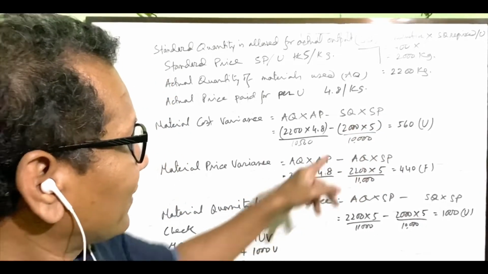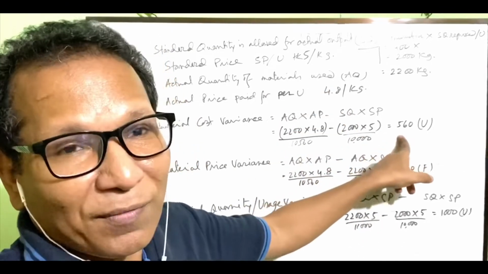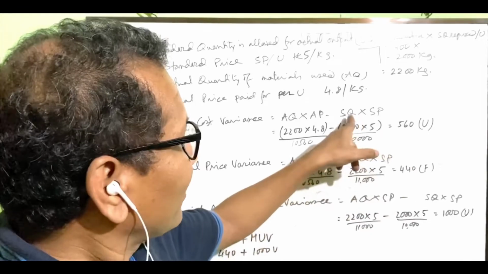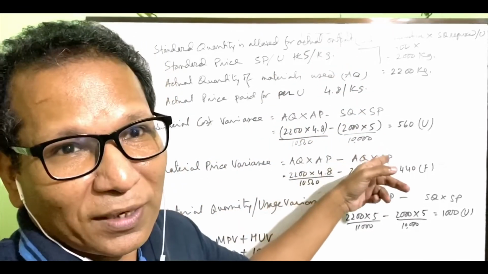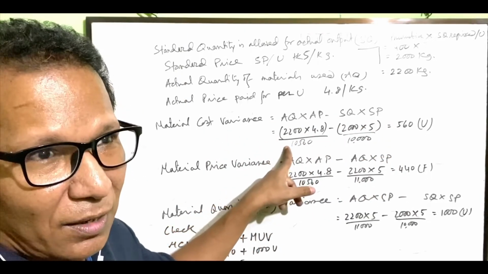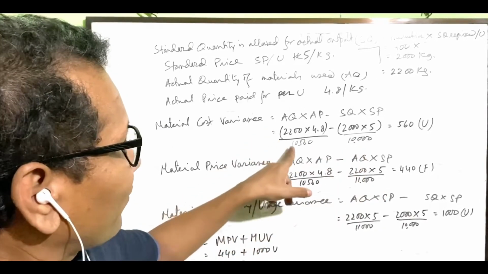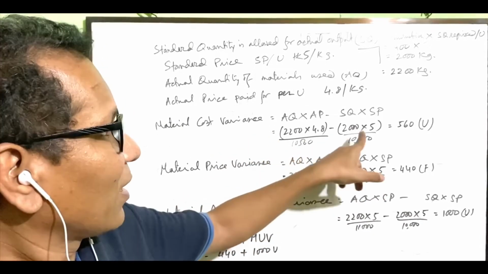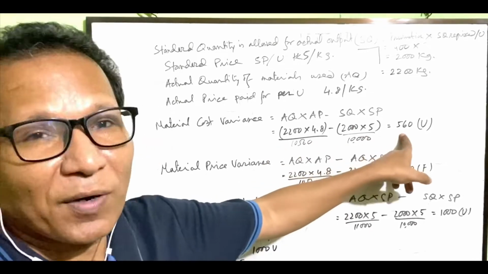If standard is lower than the actual, that will be unfavorable variance. If standard is higher than the actual, that will be favorable variance. Here it means we spent more than the standard amount. Here we spent 10,560, but the standard was 10,000. So 560 is unfavorable variance.